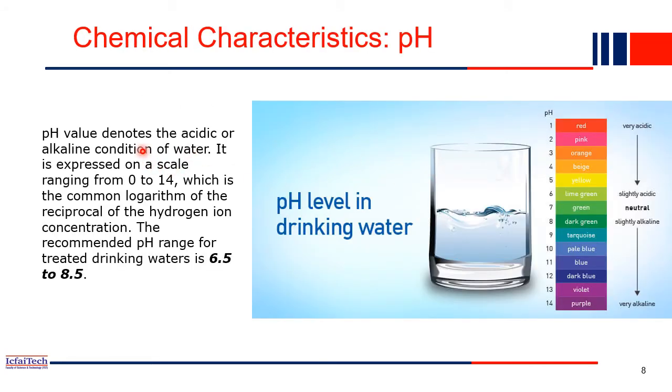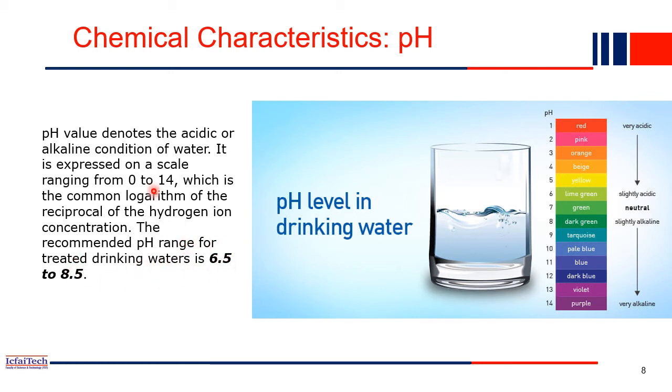Now the next characteristics of water are the chemical characteristics. The first attribute in the chemical characteristics is the pH. We know how to measure the pH of soil and the pH of water, and for drinking purposes the pH should be in the range of 6.5 to 8.5.